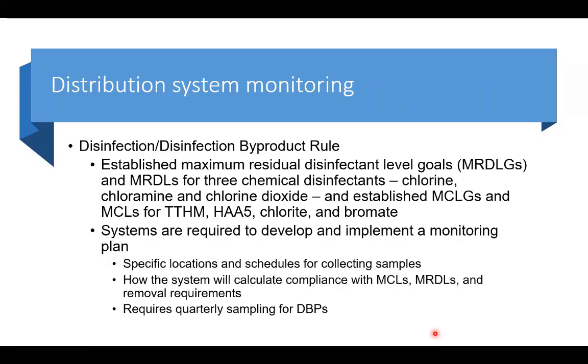And they typically are going to be further out in the distribution system, areas with longer age, because those are the areas where there's more likely for a reaction to have occurred and more likely to have higher concentrations of trihalomethanes and haloacetic acids. You're basically looking at the worst case because you want to protect that population. And based on the results, they can then calculate compliance with these regulatory limits.